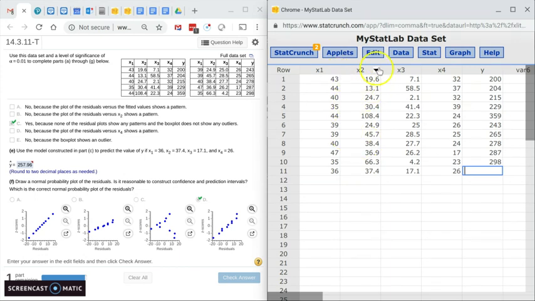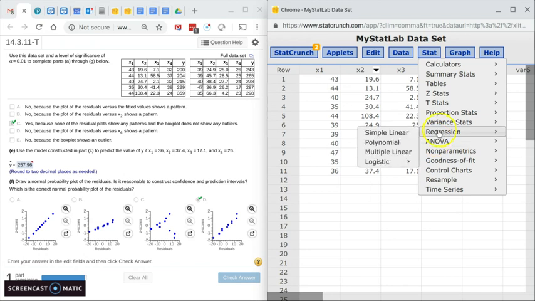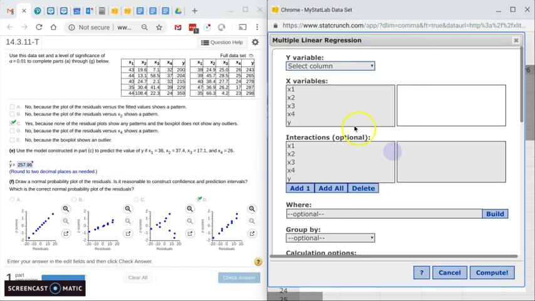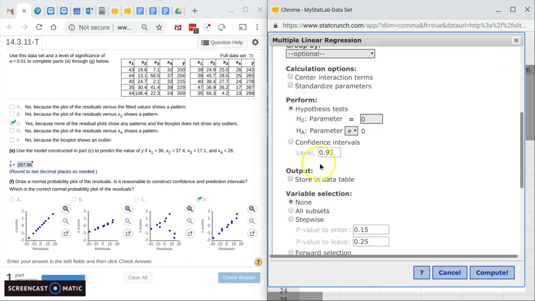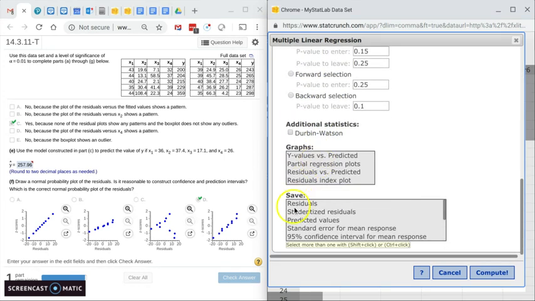And I'm going to rerun the regression model with y. And again, I'm not doing explanatory variables 1 or 3, just 2 and 4. And this is where we're going to get the stuff that we want. So under save, I'm going to do predicted values.